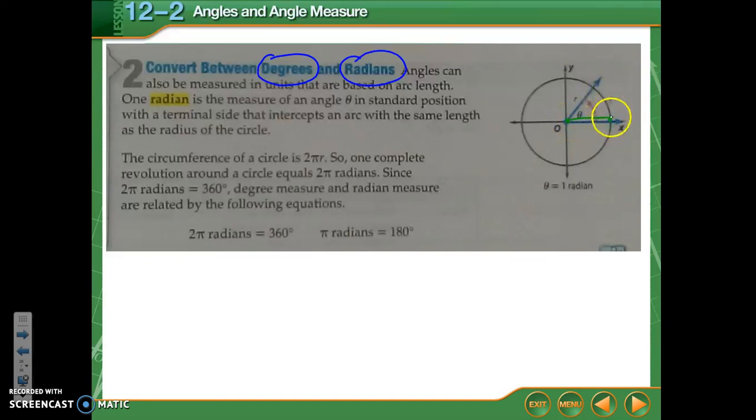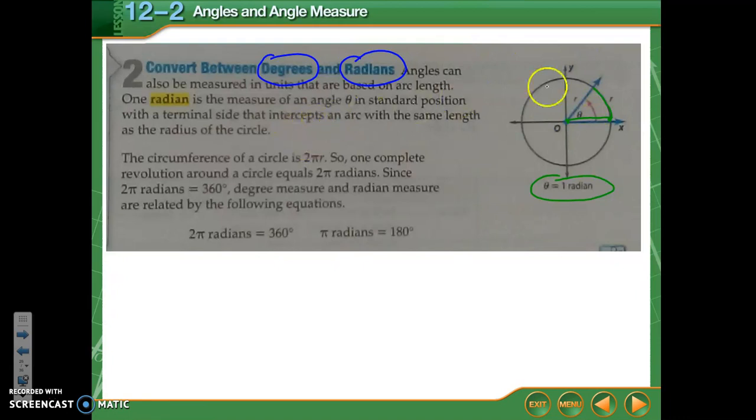An arc, so this arc on my circle right here, if this arc is the same length as 1 radius, that angle measure is 1 radian. Radian basically means how many radii am I cutting off of the edge of my circle? How many radii fit into the arc of the circle that is subtended or intersected by the central angle?